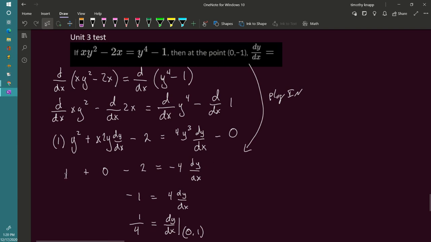Now, under some circumstances, you would solve for dy/dx. But since they gave us the point, and they're really nice points too, zeros and ones, I'm actually going to plug everything in early on this one because it's just going to help out. Look, this entire term goes away because there's a 0 right there.